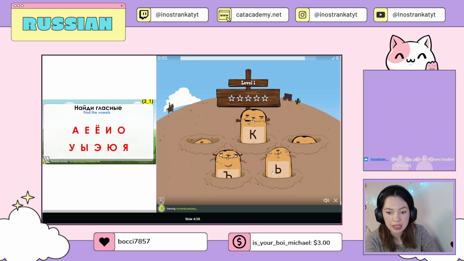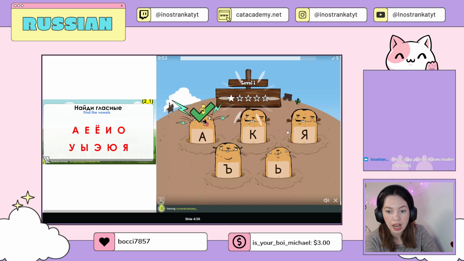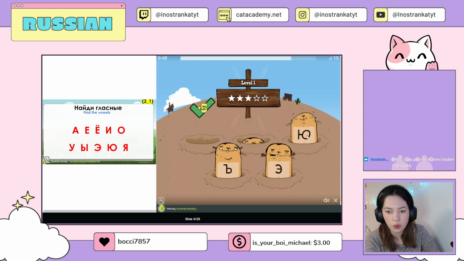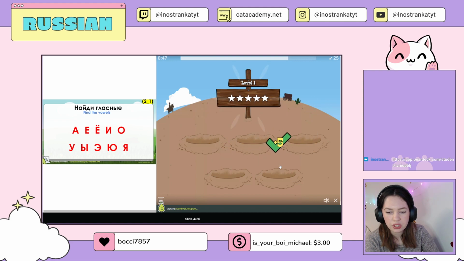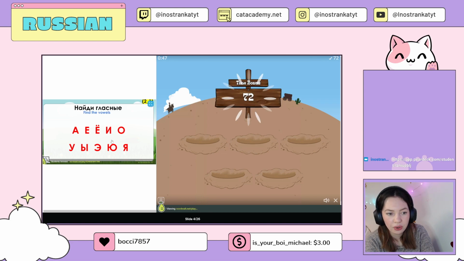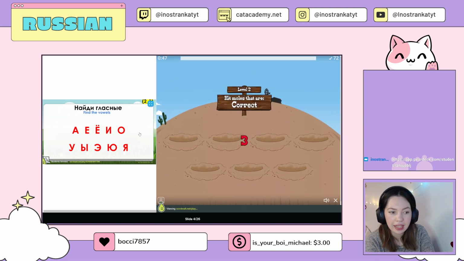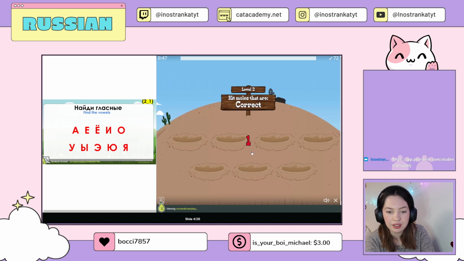К, мягкий знак, твердый знак, А, Я. So you need to hit only the vowels. We're going to see how fast you can recognize the vowels. Again, all of them are on the left side, so you can look at them and try to shoot them.